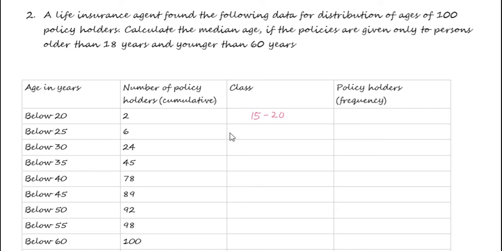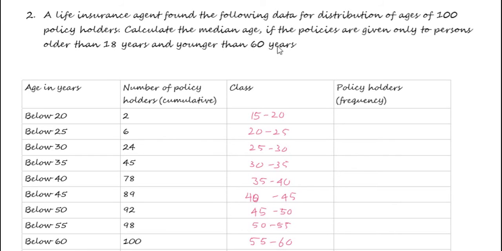Next one is below 25 means that is 20 to 25, 25 to 30, 30 to 35, 35 to 40, 40 to 45, 45 to 50, 50 to 55, and the last one is 55 to 60. So we have constructed the class.